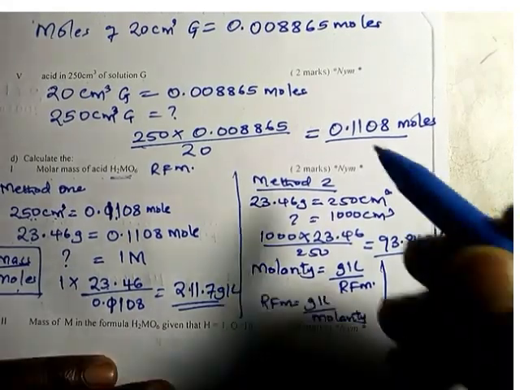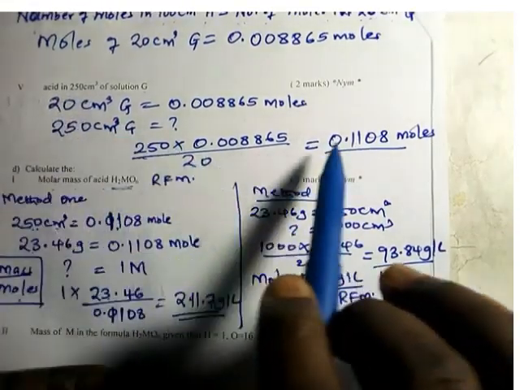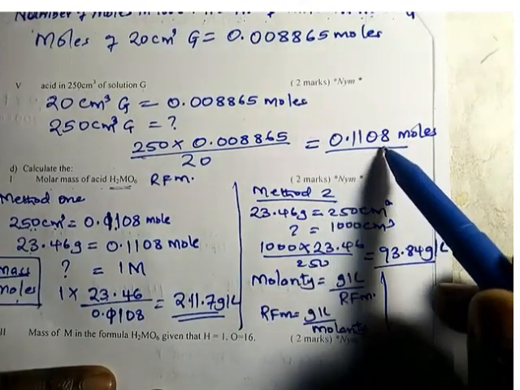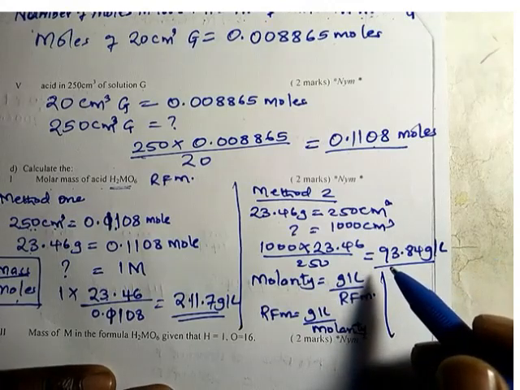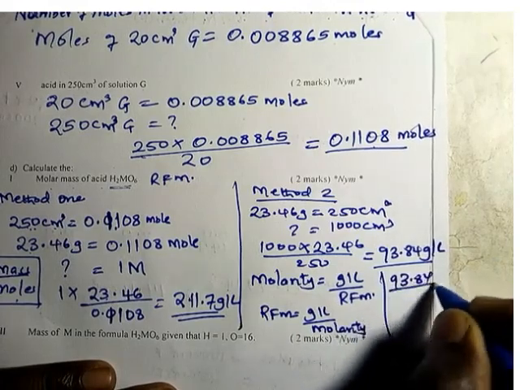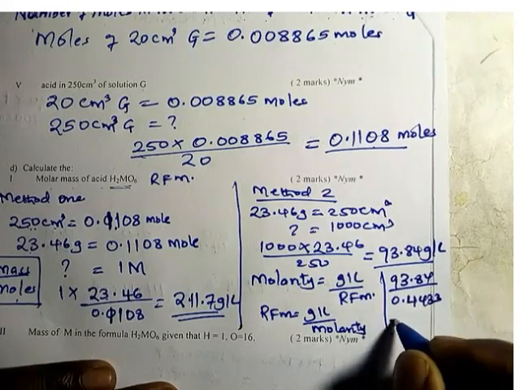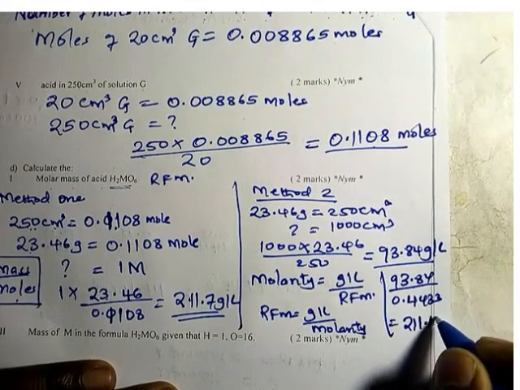So molarity: if this is the number of moles in 250, what will be the number of moles in 1000? It will give you 0.4433. So that is 93.84 divided by 0.4433, and that one will be 211.71.